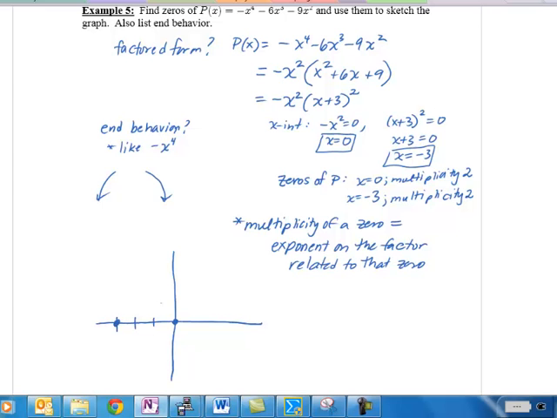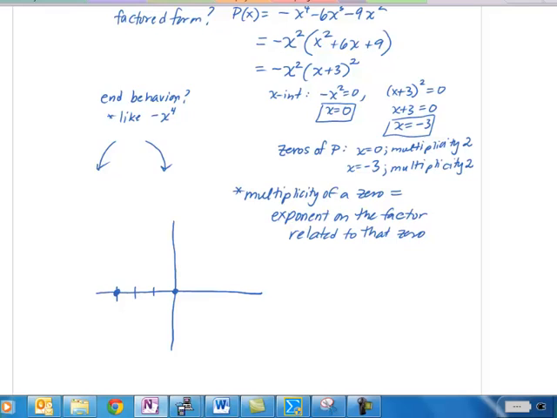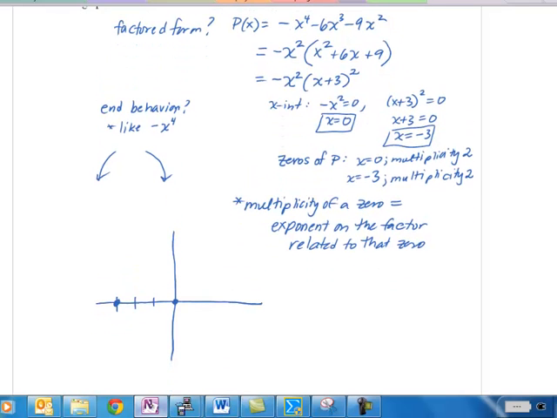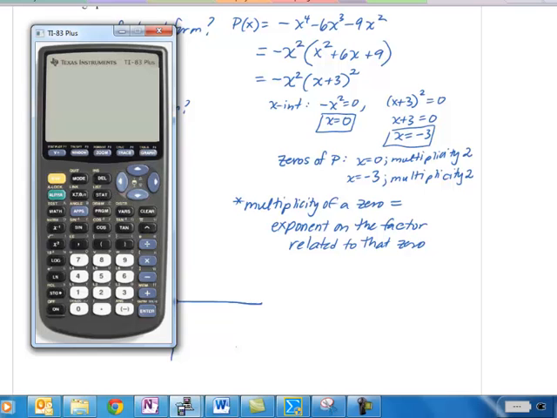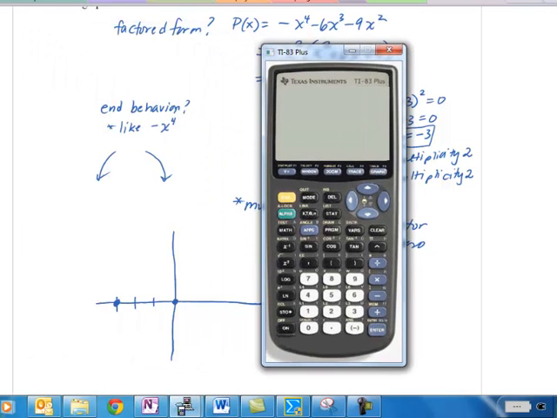And what we're going to do is, just this one time, we're going to use the table on our calculator to find what's going on with the x values close to 0 and close to -3. So let's put this function in here. We had negative x to the 4th minus 6x cubed minus 9x squared.